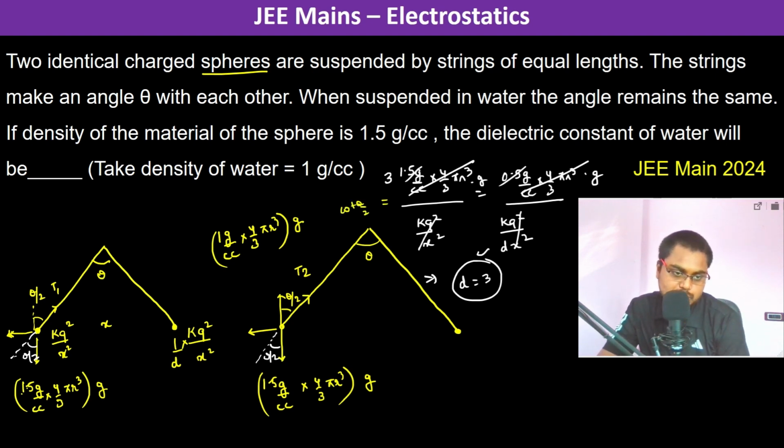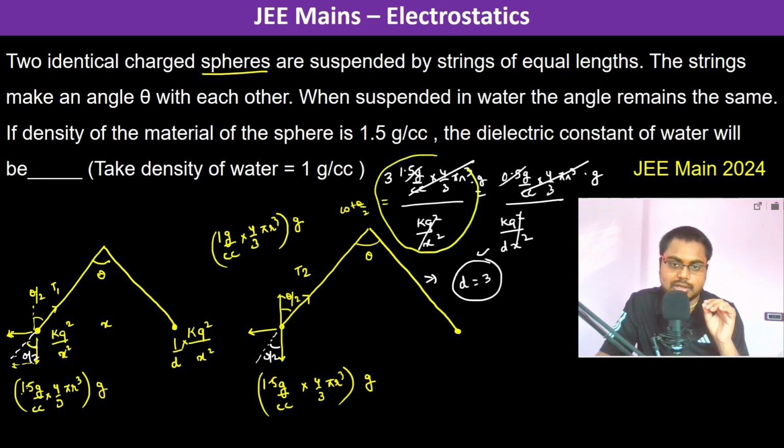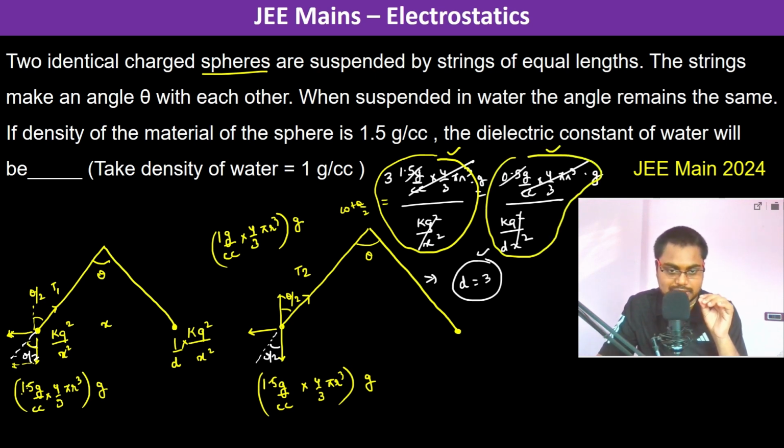So in both the cases, because theta by 2 is remaining the same, the force in this direction and the force in this direction have the same angle theta, so this entire thing is cot theta by 2, and this is also cot theta by 2 only because the angle is again the same, so therefore the dielectric constant is going to be 3.